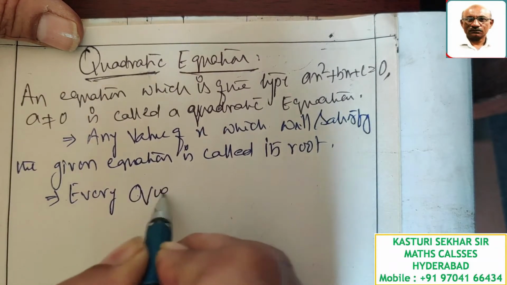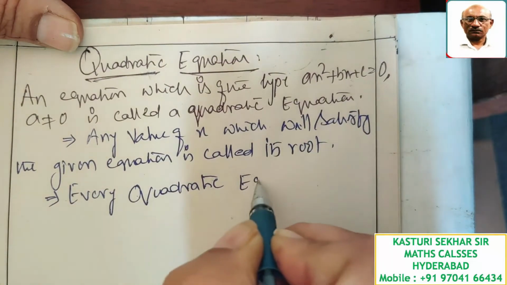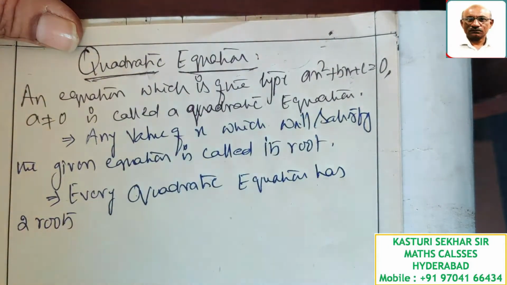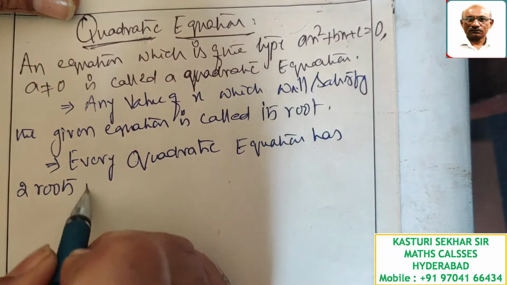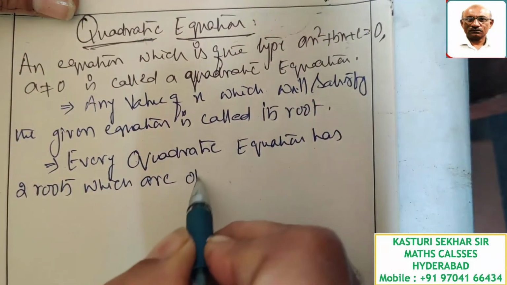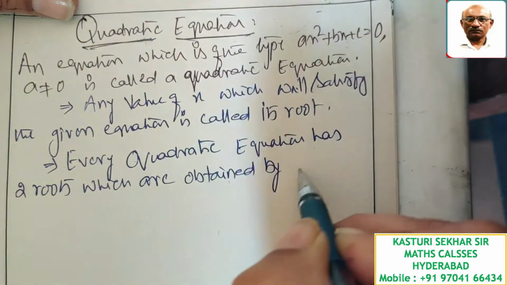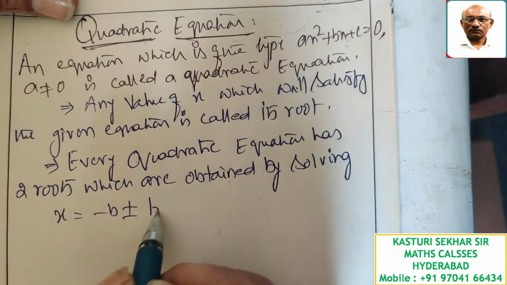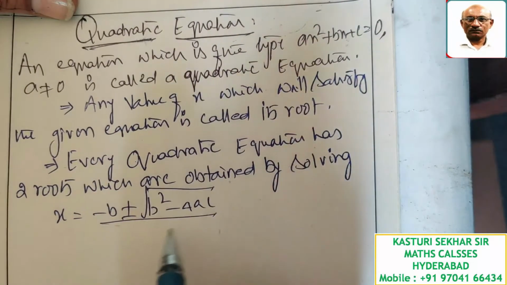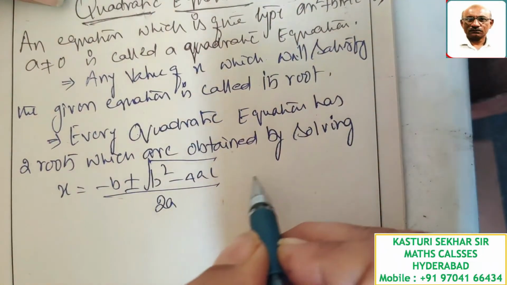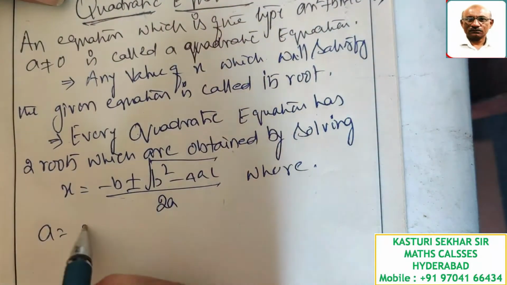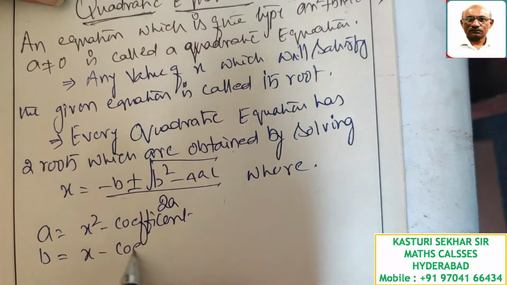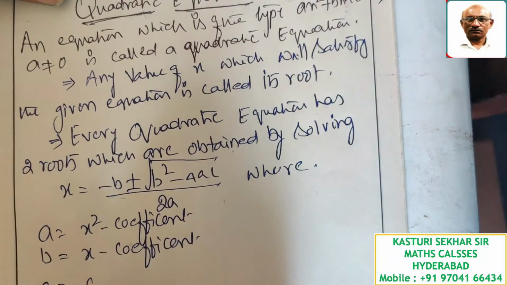Every quadratic equation has two roots, which are obtained by solving x is equal to minus b plus or minus under root b square minus 4ac, divided by 2a, where a is the x square coefficient, b is the x coefficient, and c is the constant term.